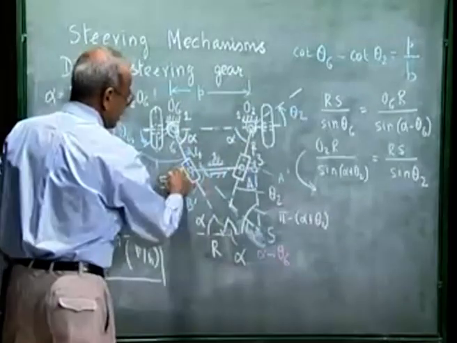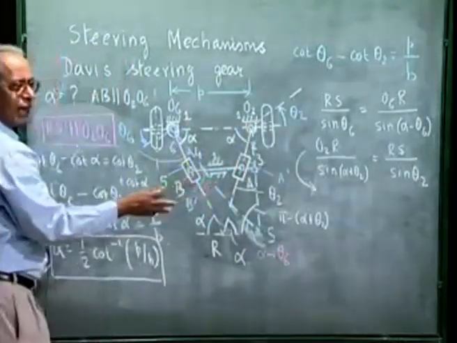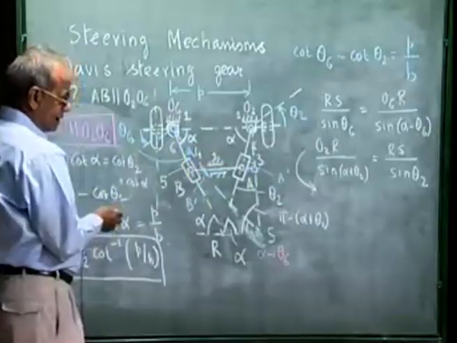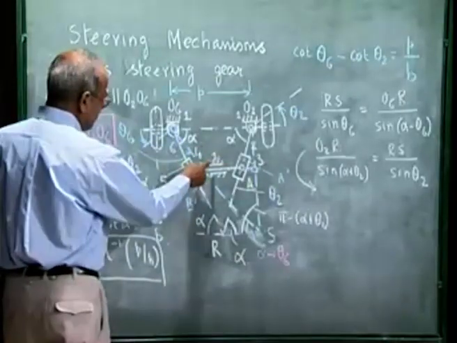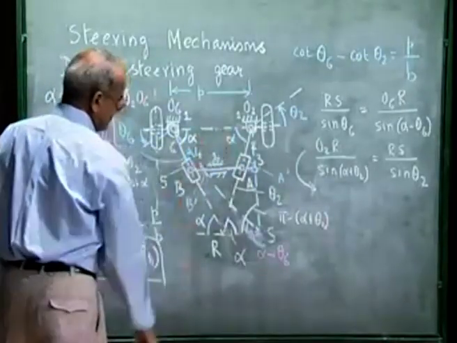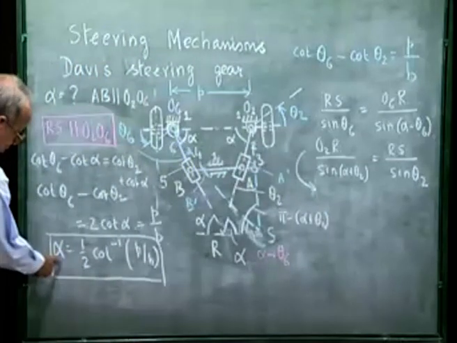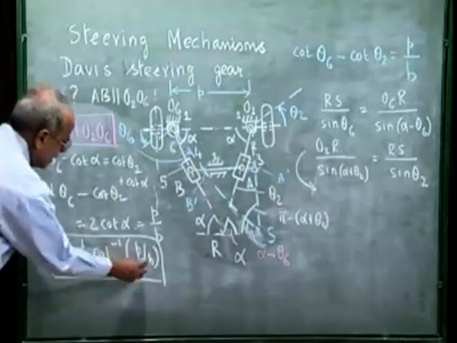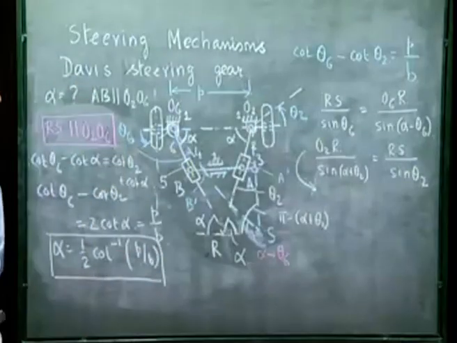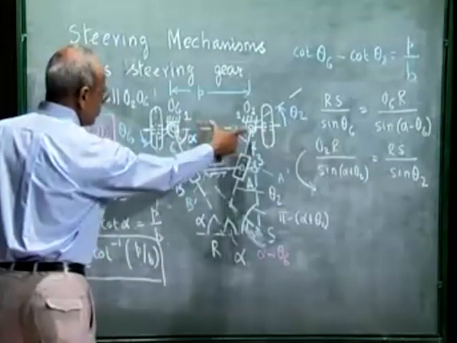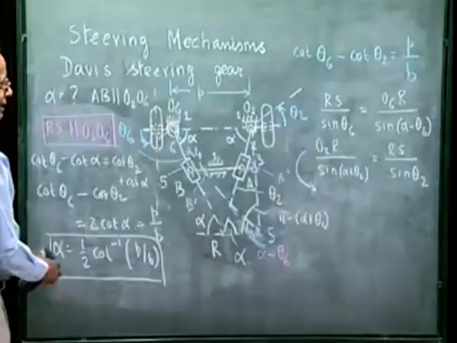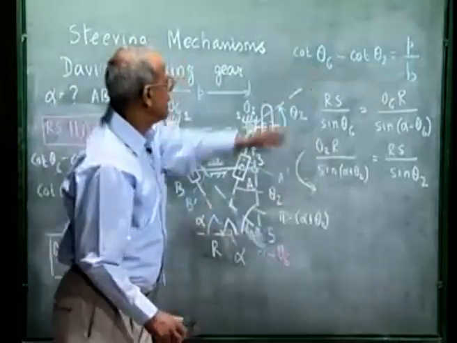The mechanism is symmetric because we have to take identical left turn and right turn. The only design parameter is to find this angle alpha, and we found that alpha should be half cot inverse P by B, where P is the distance O2, O6 and B is the wheelbase. Then this steering action will be maintained.